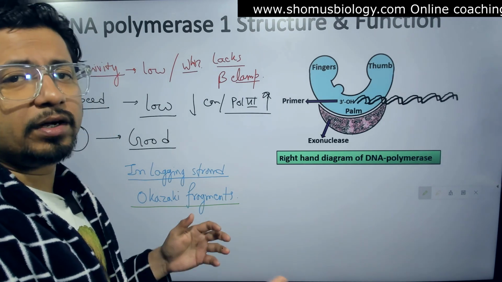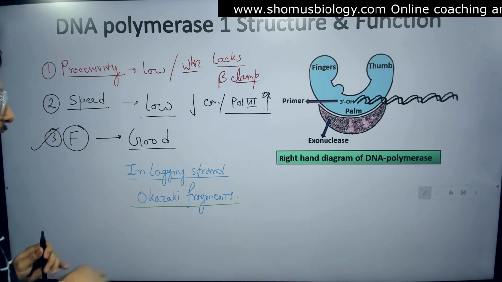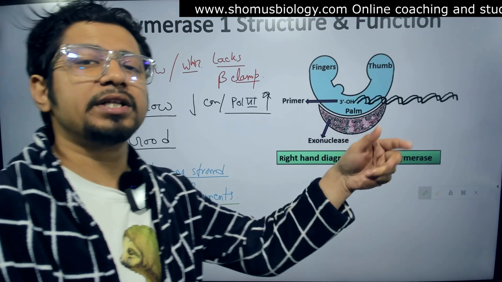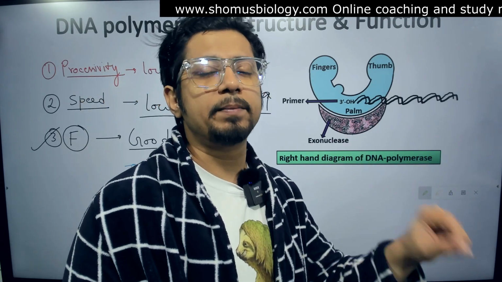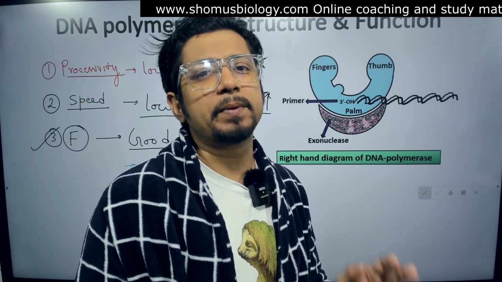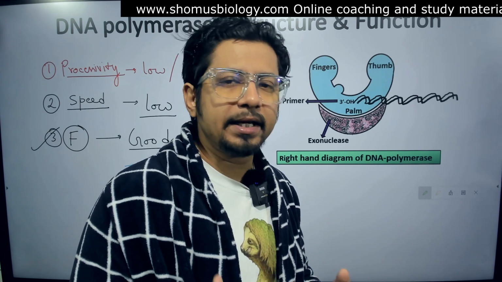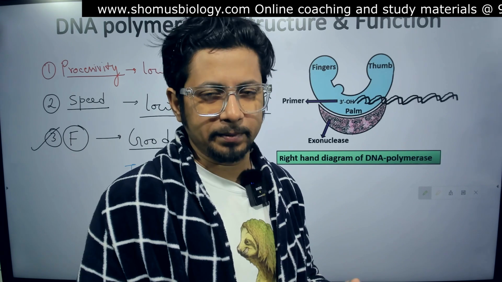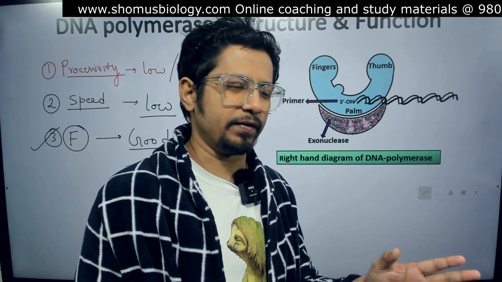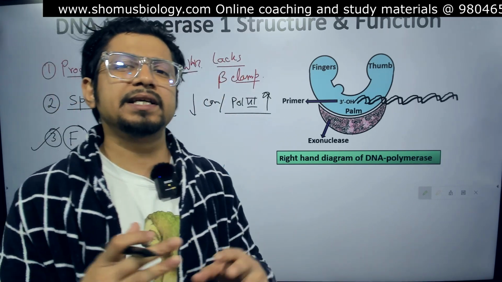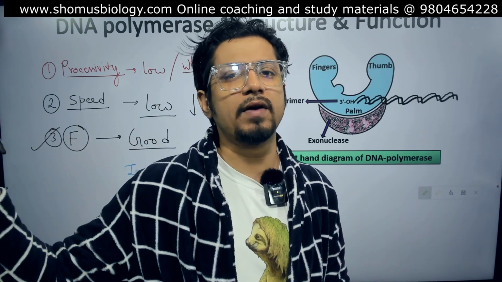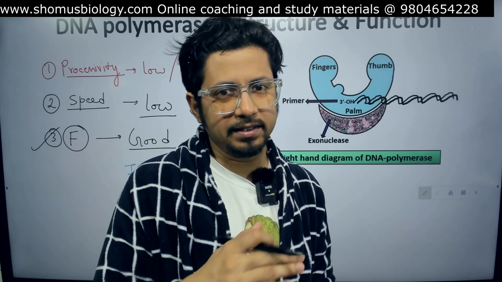So we need to get rid of the primers in the Okazaki fragments. Why? Because DNA polymerase 3 cannot initiate replication on its own. It requires a primer. RNA polymerase adds some nucleotides, RNTPs, at the beginning, a stretch of 20-25 nucleotides, and then DNA polymerase extends that. In Okazaki fragments we have such small segments of RNA in the DNA.